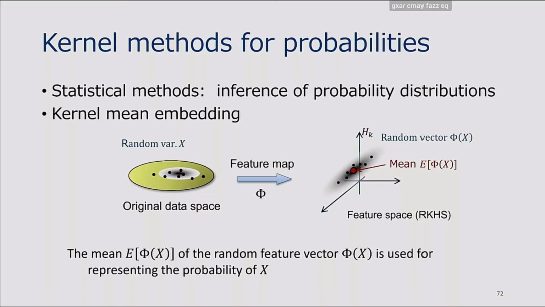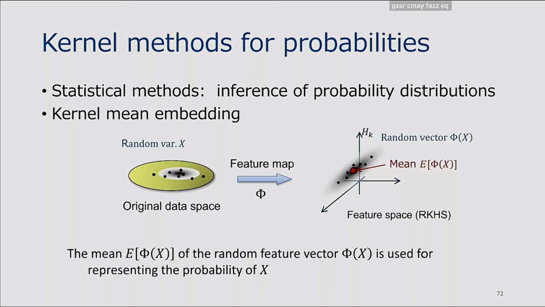We have many statistical problems to solve. And in the end, statistical methods consider inference on a probability distribution represented by data. And the kernel method can be extended to such probability distributions. We can regard the probability distribution like data in some sense.